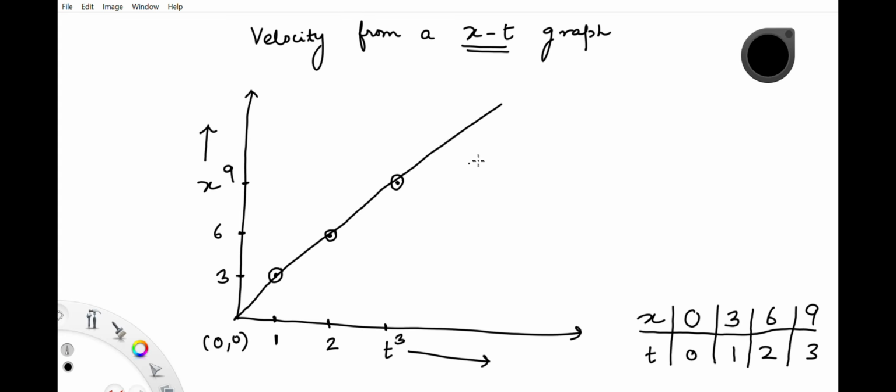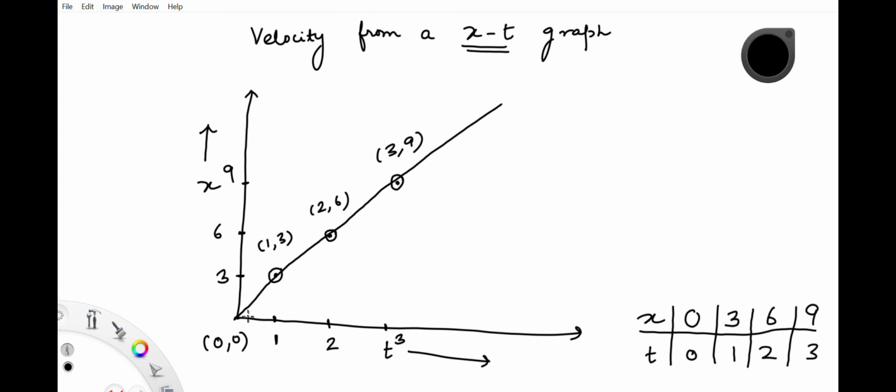Now, if you want to find out the velocity from this position time graph, you should be having information about the rate at which the position of this moving object is changing, obviously with respect to time. So I will mark the coordinates over here. Now, how do I obtain the velocity from this position time graph?